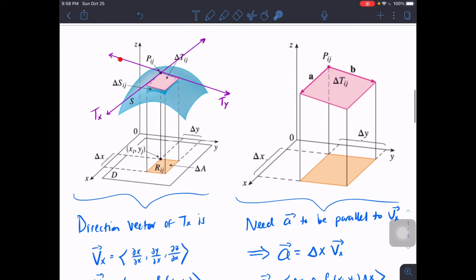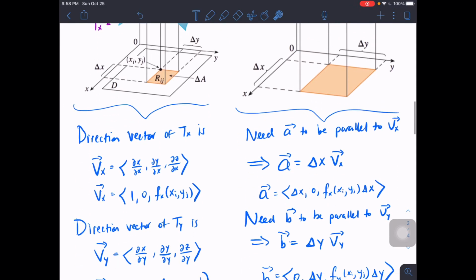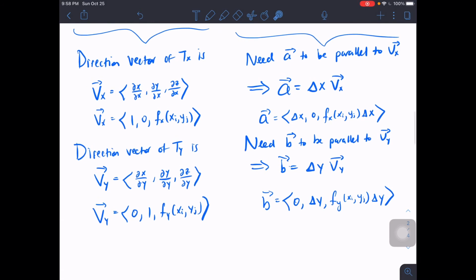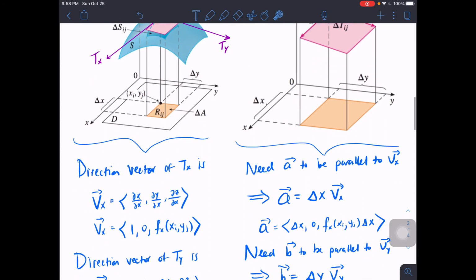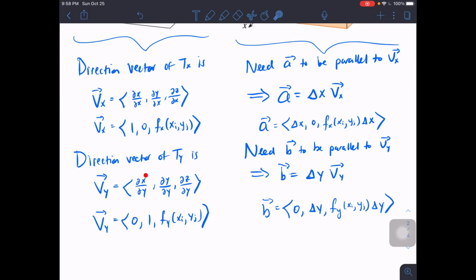And similarly for the tangent line Ty, its direction vector analyzes how the coordinates are changing at that particular point Pij, but with respect to y. And so you're holding x constant, so there's no rate of change. y changes according to itself, and z changes according to what the partial derivative of the function with respect to y is giving you at this particular point.